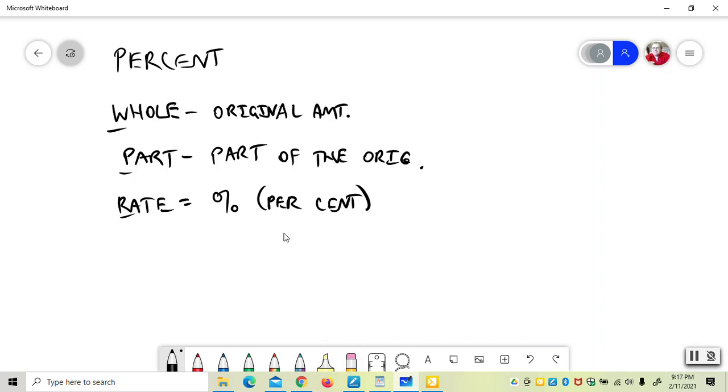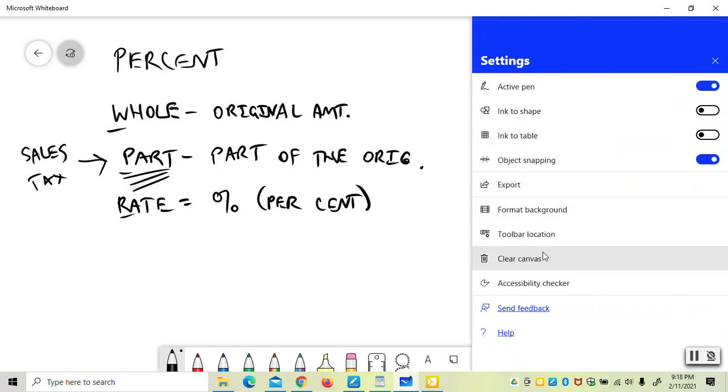So sometimes in a percent problem, you want to find the whole, and sometimes you want to find the part, and sometimes you want to find the rate. But with sales tax, we always want to find the part. So let's look at an example.